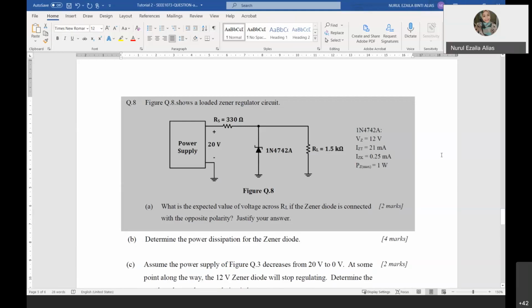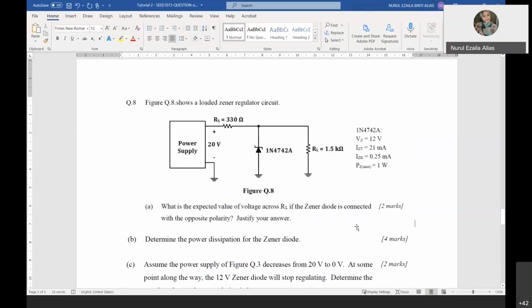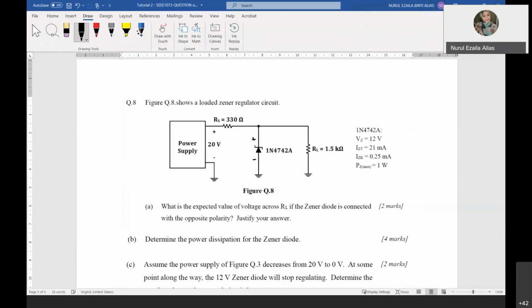The Zener diode here is plus minus like that, so if you connect your power supply like that, your Zener diode will regulate, am I right? It will be reverse biased and regulated. So now how about if you reverse it? This is the same as in the previous tutorial. How about if you reverse it? So the current is in this direction. What happens to the Zener diode?